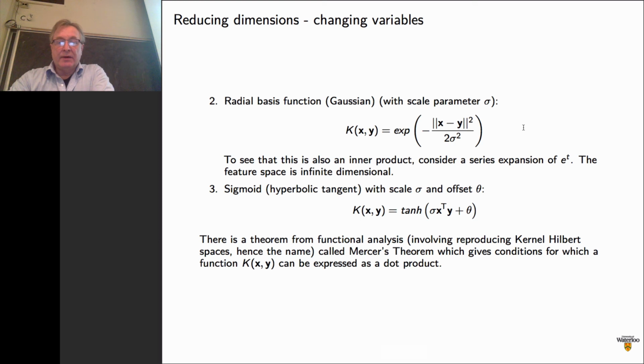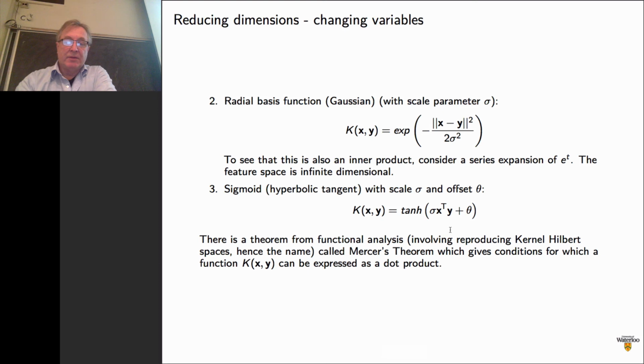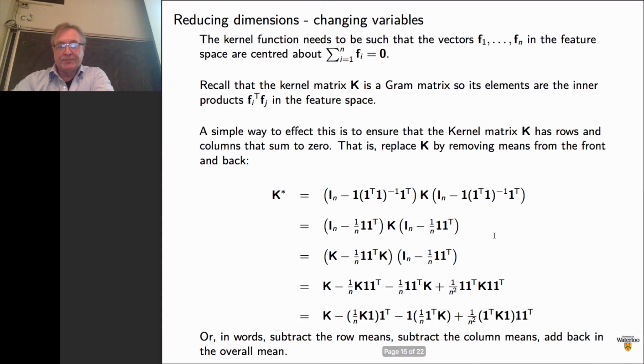The thing to note is that this scale sigma here is a true scaling in terms of the scale of the data, so it's dividing all the x's and y's themselves, as compared to here where the scaling is being multiplied. And similarly here with a hyperbolic tangent. So there are lots of different kernels to choose from.